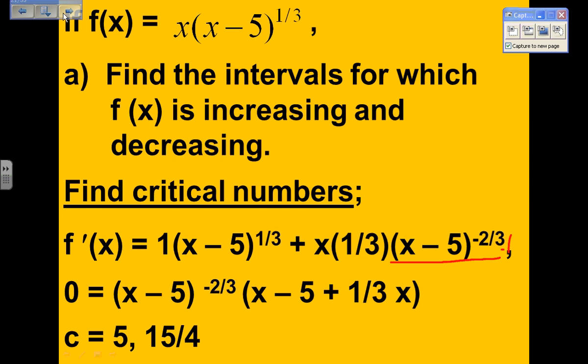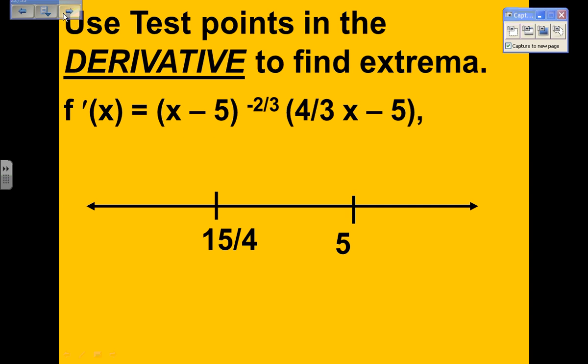So, I put those on the number line, and now I do my test points. This is not the sketch, this is finding intervals of increasing or decreasing. Very logical, very methodical. So if I put in 0, would this be a positive or negative result?